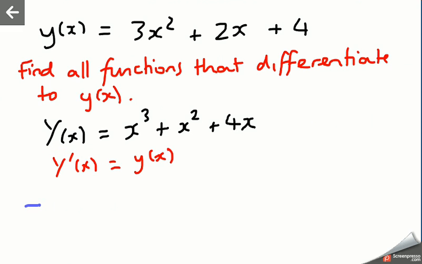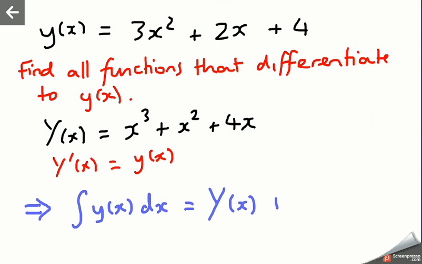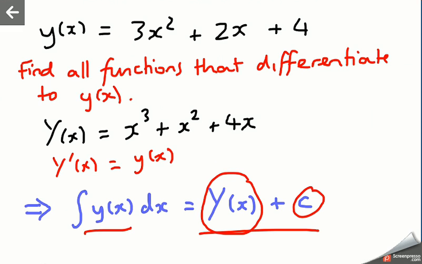And so what we say is that the antiderivative of little y of x dx is equal to big Y of x plus little c, where this constant is just some random number, because what we've got here is the entire family of functions that differentiate to give little y of x. To find all of those functions you just need to find any one of them that differentiates to give little y of x, and then add a constant to it, you'll get another one.